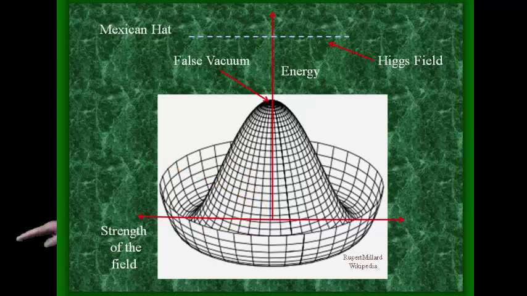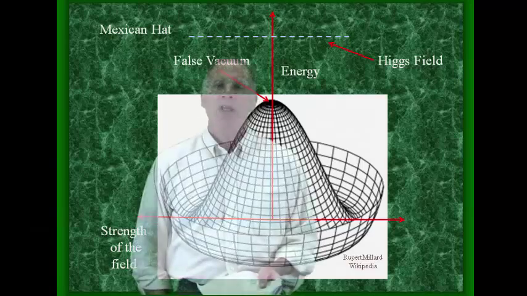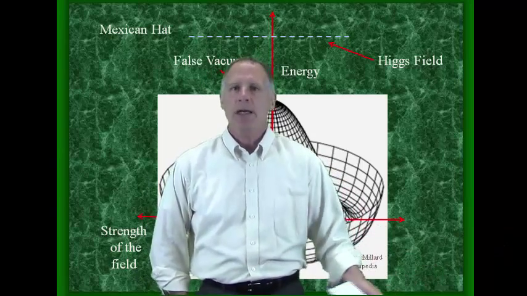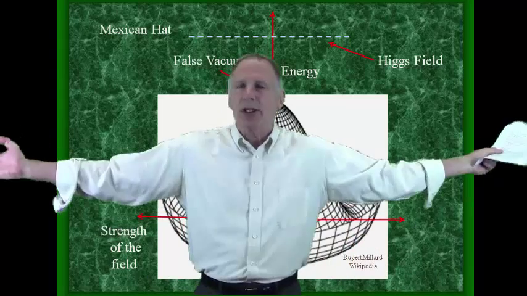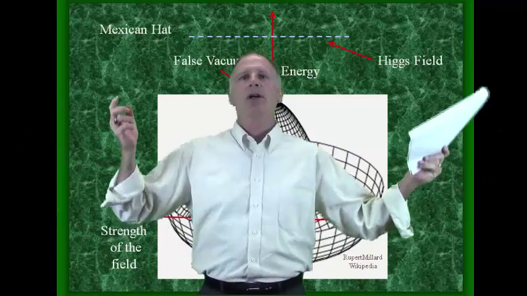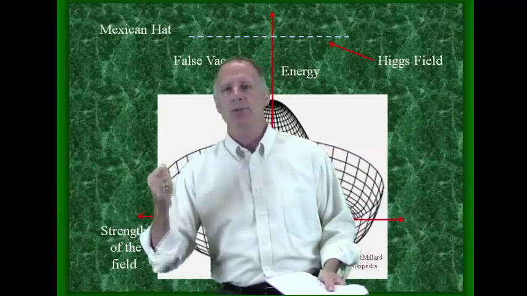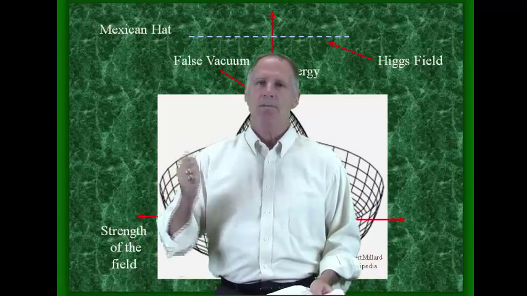And the difference in energy between the false vacuum and the real vacuum, which is at 0, gives the universe an immense amount of energy, which it uses to expand precipitously. I'm talking about an immense amount of expansion in a very short period of time.